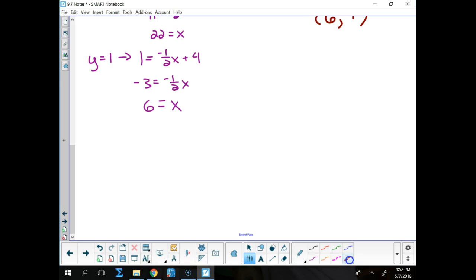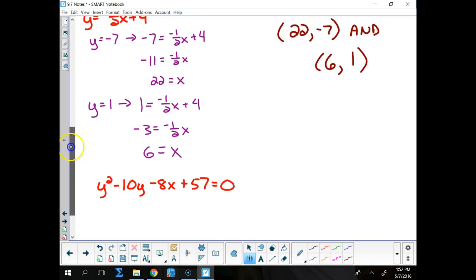My other equation, if somebody could read it off for me, that would be great. Y squared, minus 10y, plus 8x minus 8x... plus 57 equals 0. So I've got to check those two in there. So we get negative 7 squared is positive 49.